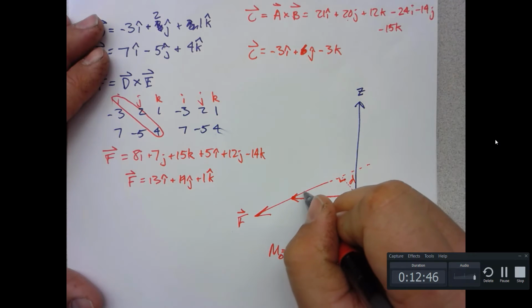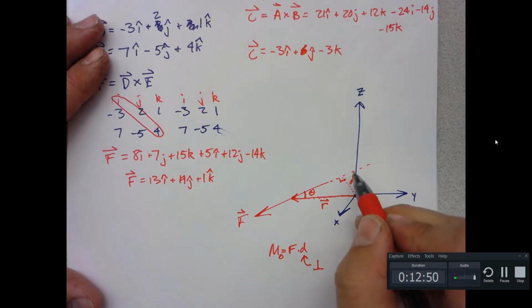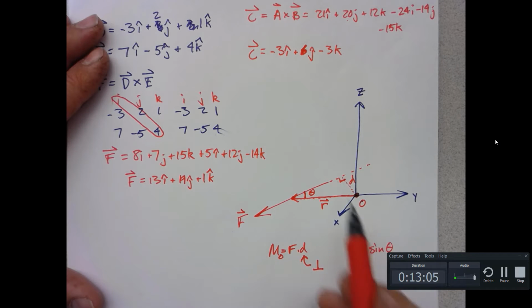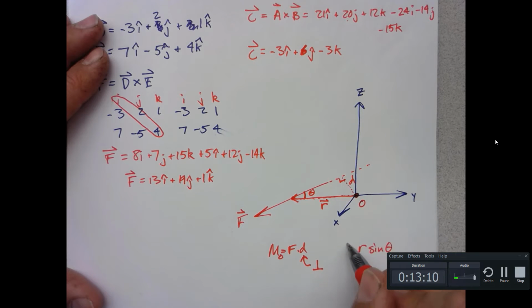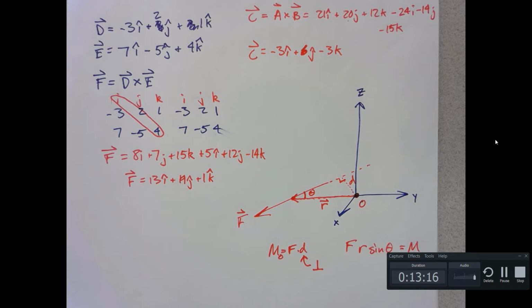Now, if I call this theta, would you agree with me that D would be R sine theta? Does everyone see that D is going to be R sine theta? So then if I multiplied that times the force, this would give me the scalar magnitude of the moment about O.